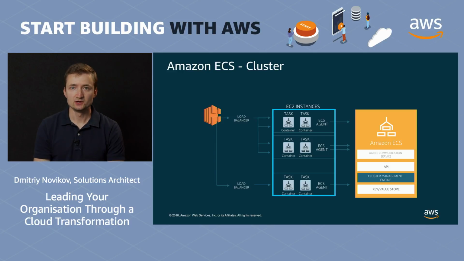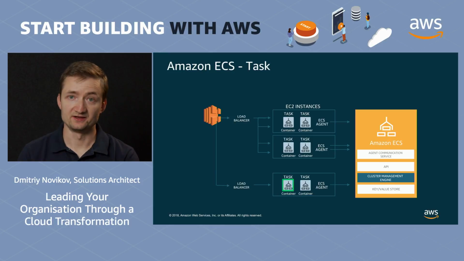And Amazon ECS will take that high-level command, it will check the state of the cluster that you have provisioned, and it will find ways to place those tasks accordingly on the instances and to fulfill the command that you gave to it.